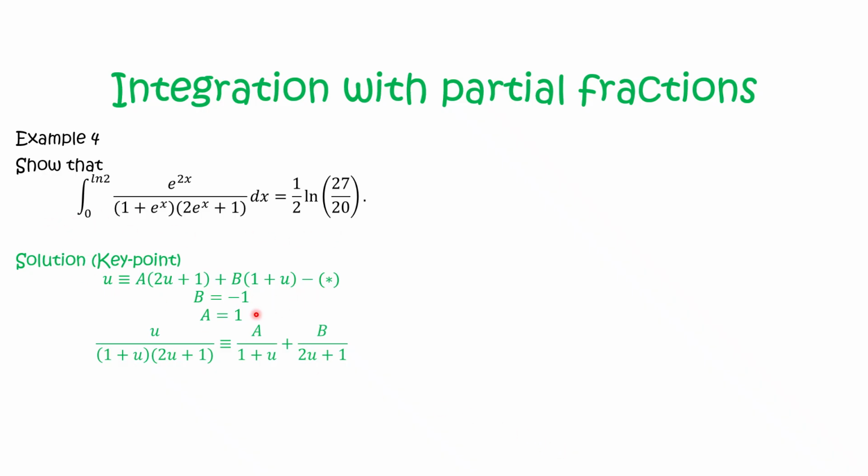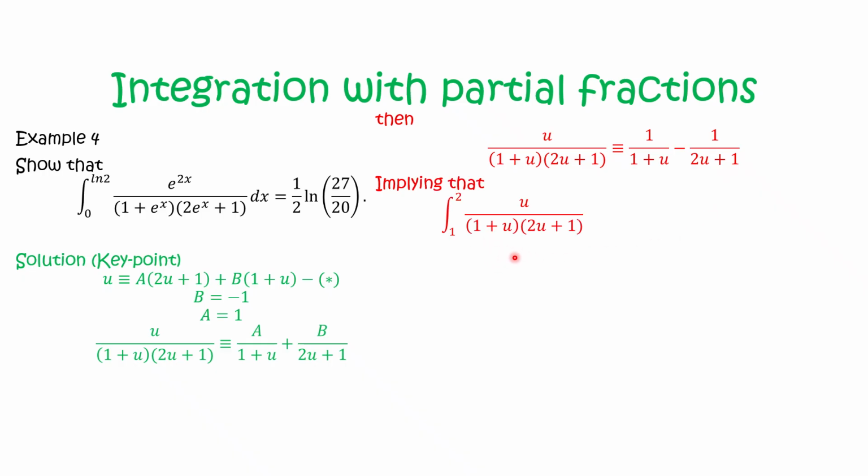So then it means that we can express the fraction that we were working on as equivalent to 1 over (1 plus u) minus 1 over (2u plus 1). That is after we have substituted for the values of A and B.